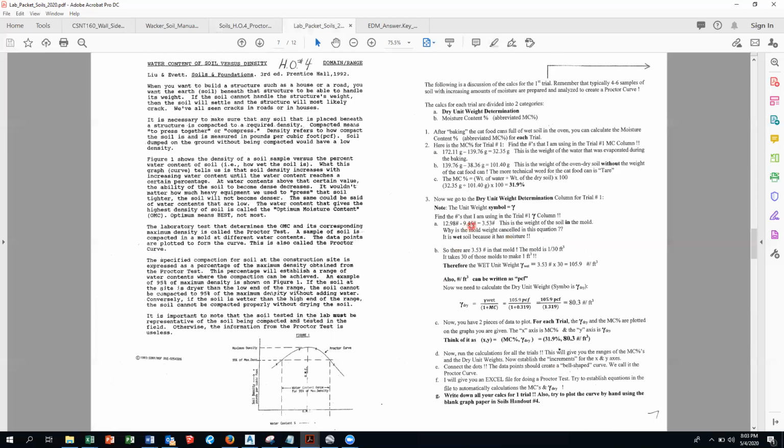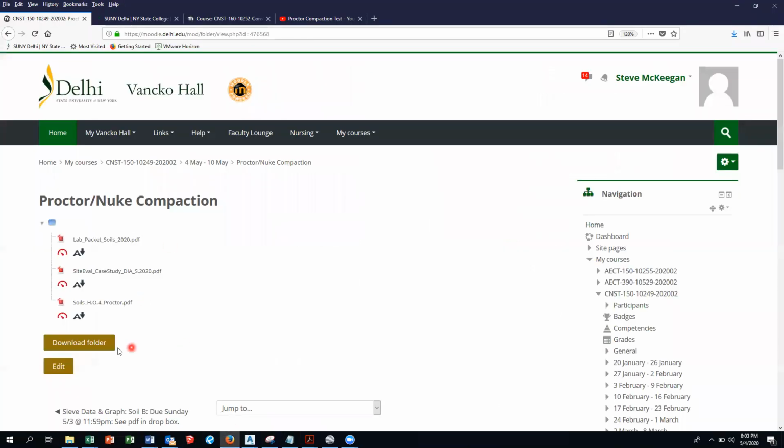Again, this handout is the lab packet. Just to review, it's in this week's Banco Hall, and it's under lab packet. So page 7, calcs. I'm just writing myself a note.